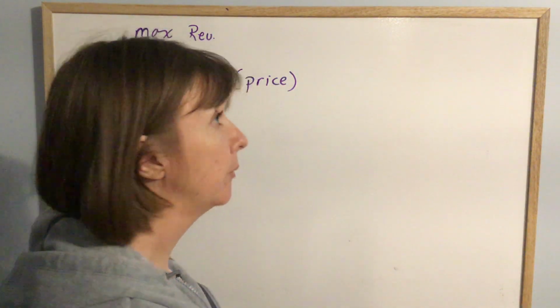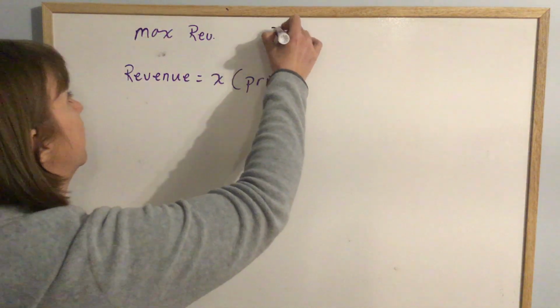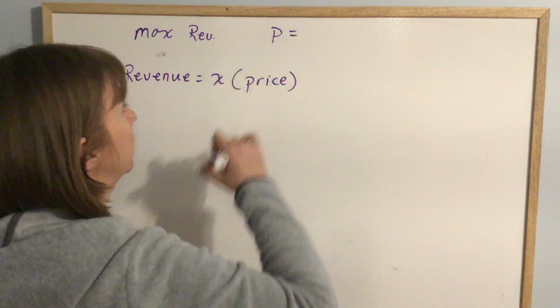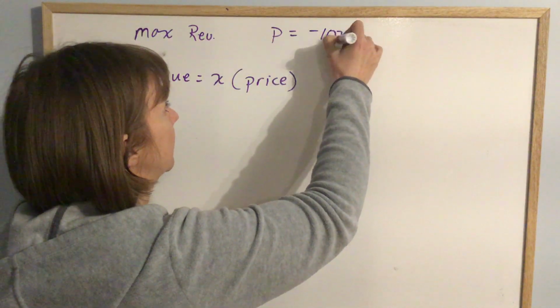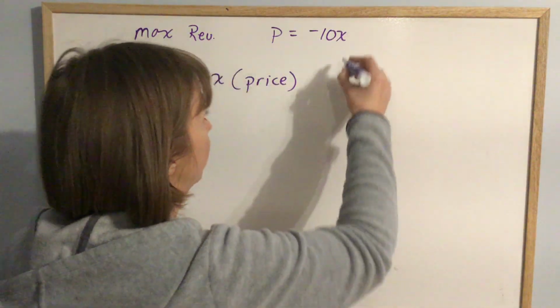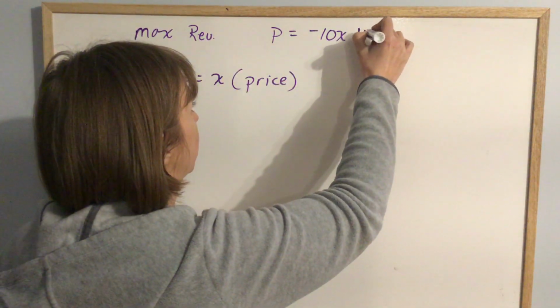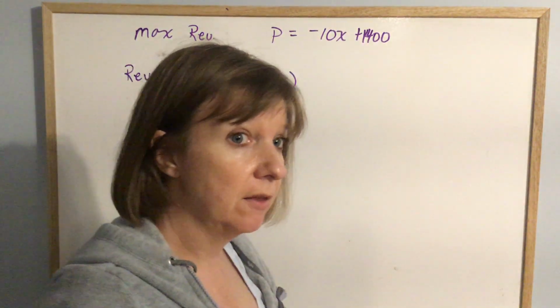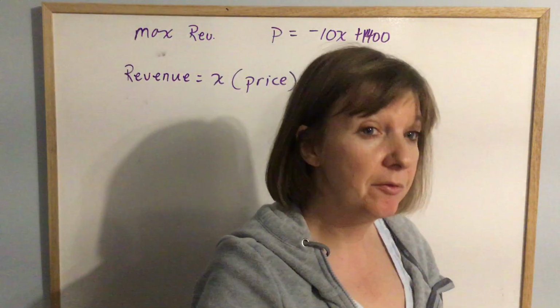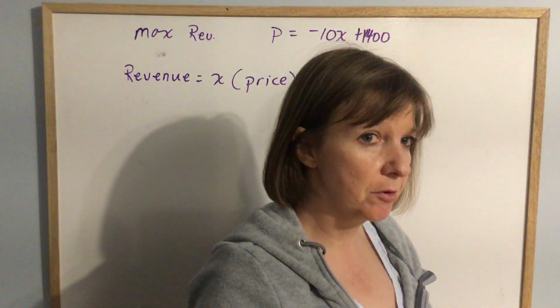I'm just telling you that the price formula they come up with is negative 10x plus 1400. Okay, that is the formula that they come up with. I'm never going to ask you to come up with that. They come up with it.